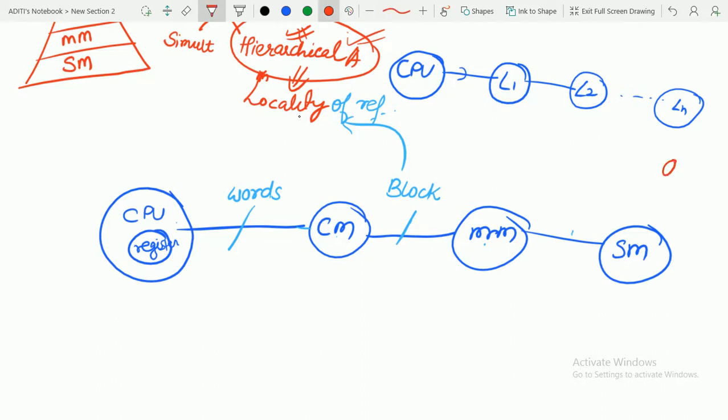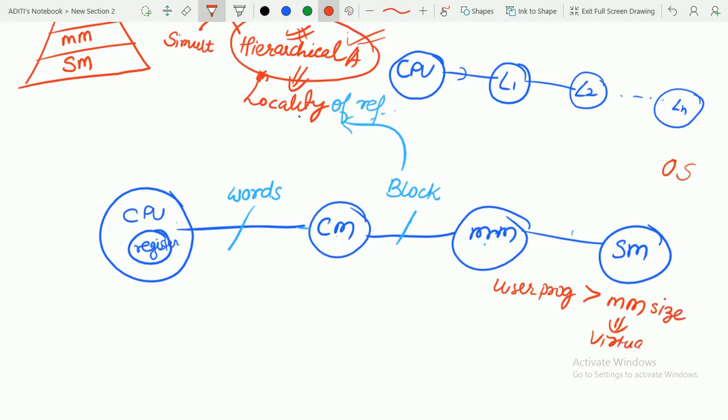From secondary memory to main memory, this is the concept that we already studied in the operating system subject. If the user program size is greater than the main memory size, then there comes the concept of virtual memory.